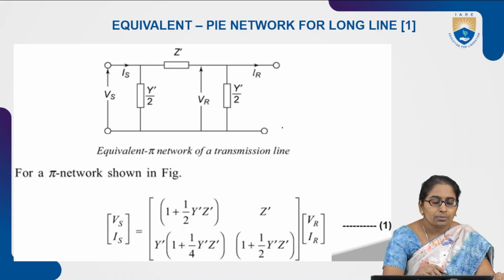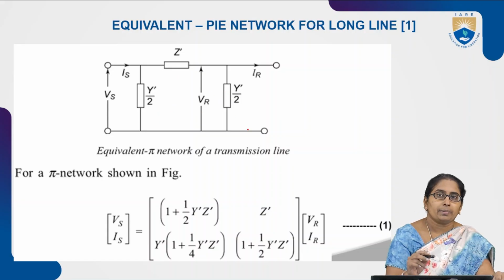The sending end voltage and current are Vs and Is, and the receiving end voltage and current are Vr and Ir. The transmission line impedance is taken as Z dash, and the admittance is Y dash by 2 at the sending end and also at the receiving end.